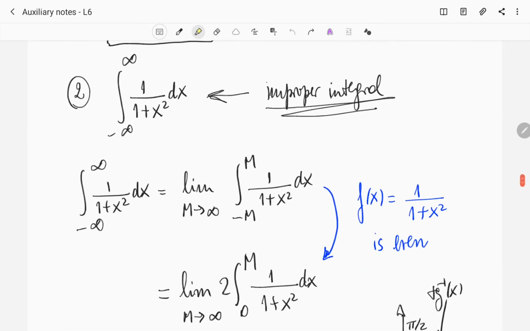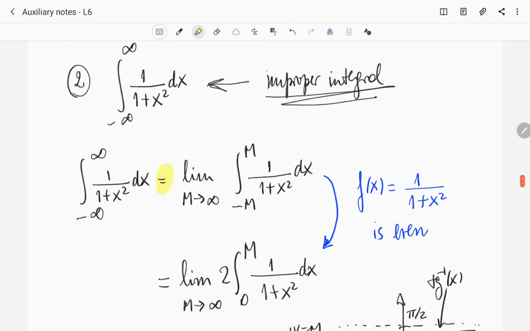Okay, so by definition of this course, remember there are many ways of defining this, but in this course we will take this definition. We have to compute this proper integral for every m positive, and then we just take the limit when m goes to infinity. Okay, so we can observe that this function is even.